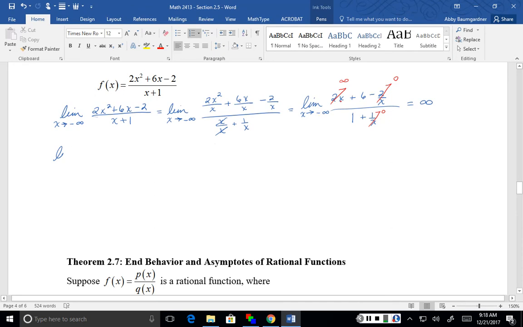So if I take negative infinity and I plug it in, 2 times negative infinity gives me negative infinity. 2 divided by negative infinity, well, that doesn't matter. That shoots off to 0, so does this one. So we end up with negative infinity plus 6. Very negative number plus some positive stuff still returns a large negative number.